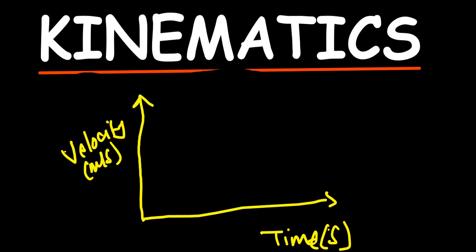Why is it important? Because it's going to help us to find maybe the distance, or the acceleration or the velocity. So we can have 0 here, maybe we have 5 seconds there, then 10, maybe 15, and then here on the speed maybe we have 2, 4, and then 6.